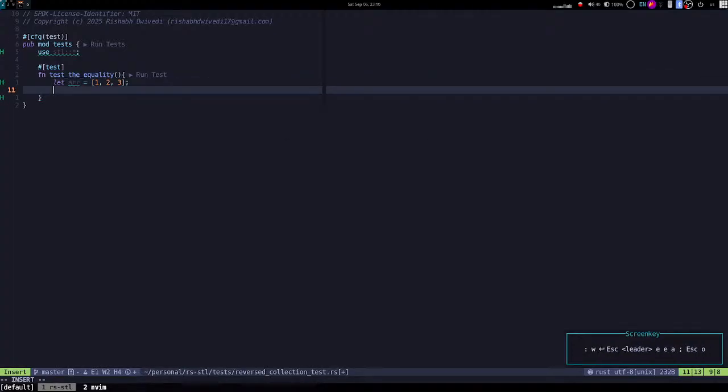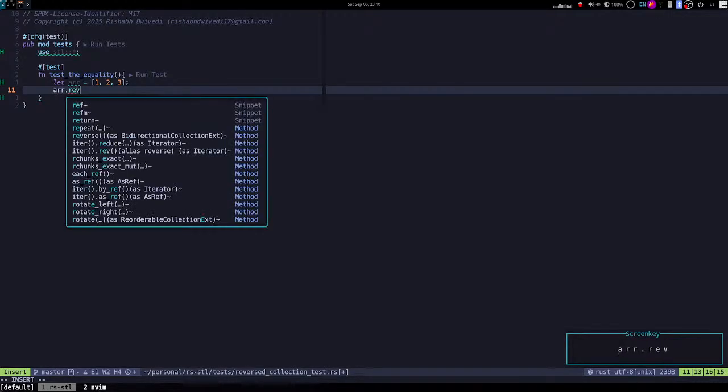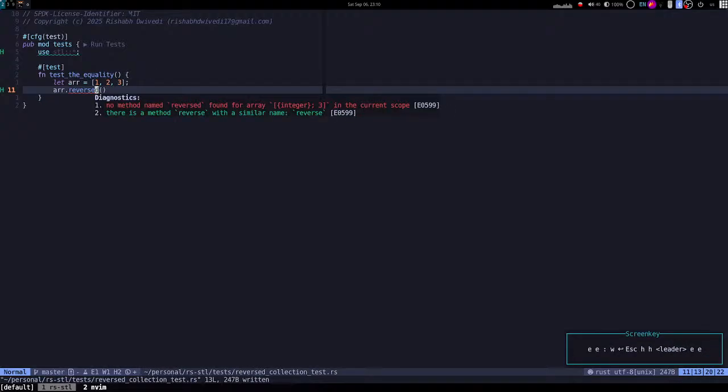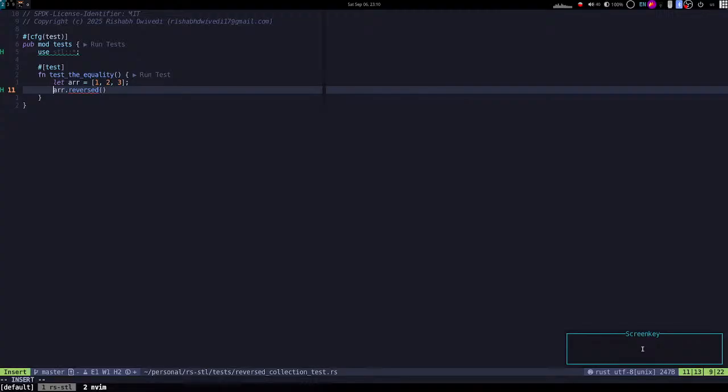And the next statement is, okay, ARR dot reversed, dot equals 3 2 1, assert. So this is what we do.